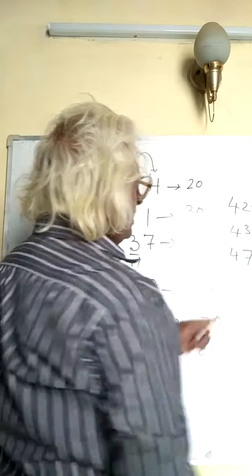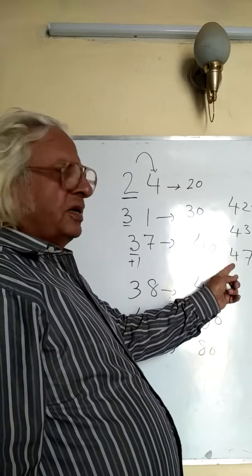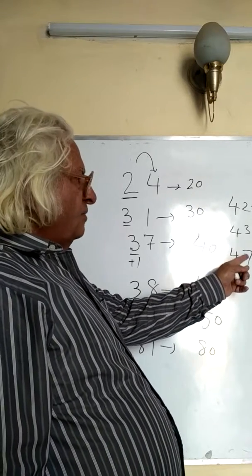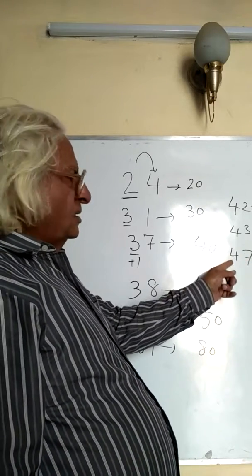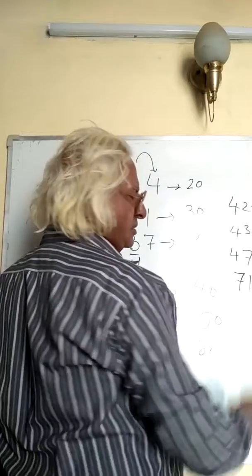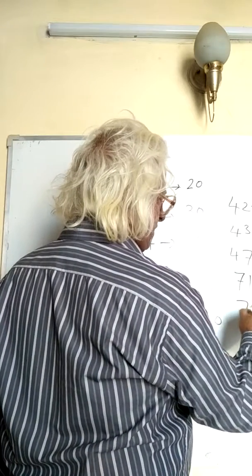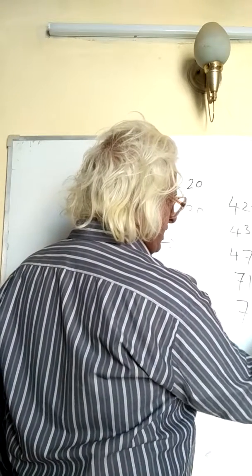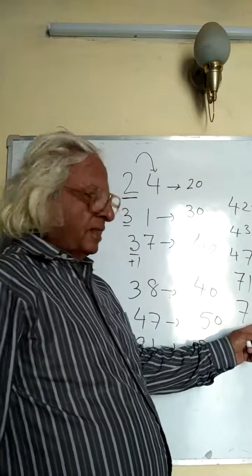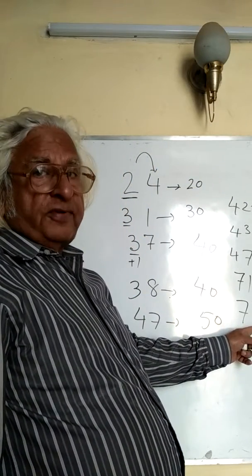So I am examining the next digit. If it is 5 or more, you have to add 1 to this. If it is 4 or less, nothing will happen to this. See, 71 is 70, but 76 is 80. Why? Because this is 6, which is more than 5.